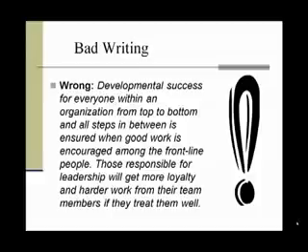So let's try our new skills revising a sample of bad writing. And here it is. Developmental success for everyone within an organization from top to bottom and all steps in between is ensured when good work is encouraged among the frontline people. Those responsible for leadership will get more loyalty and harder work from their team members if they treat them well. Well, what a mess. Even if you read this short paragraph several times, you may still not understand just what the message is here.